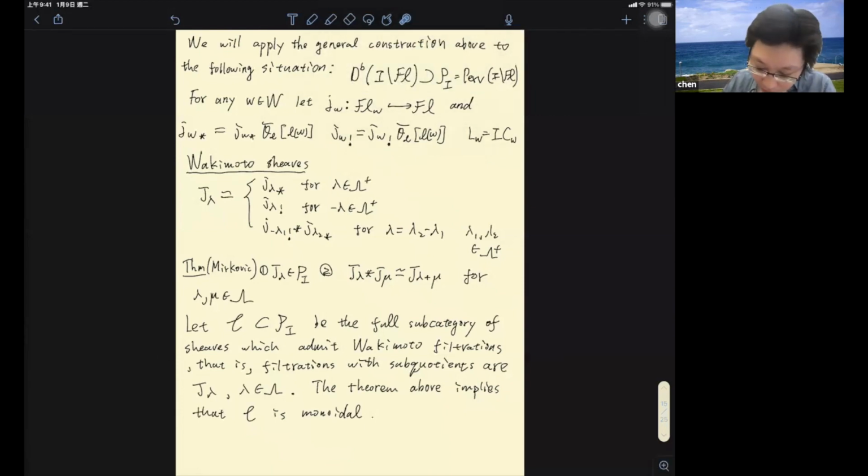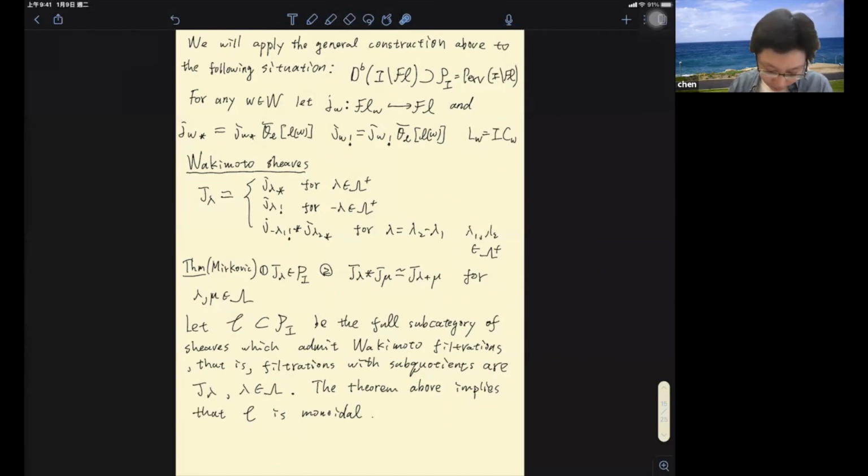So we'll consider the derived category of the affine Hecke category, and we have this abelian category of perverse sheaves on the affine flag variety. For any element in the extended affine Weyl group, we have the corresponding orbits and the costandard, standard, and the irreducible object.